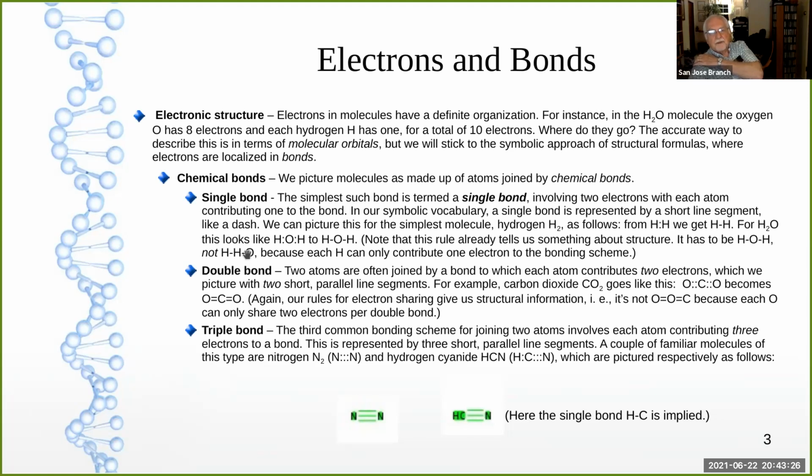This is an odd kind of formulation for it, because what happens to the other electron of the oxygen? There's one left over. And also, this isn't going to work, because if you want to have a single bond between two hydrogens, then each one contributes an electron, but that's all they have.